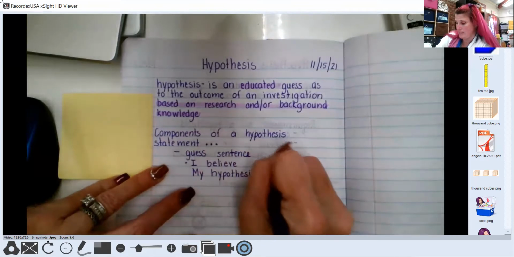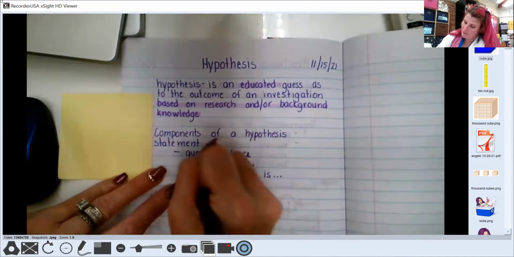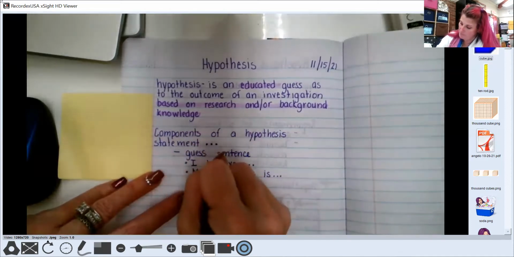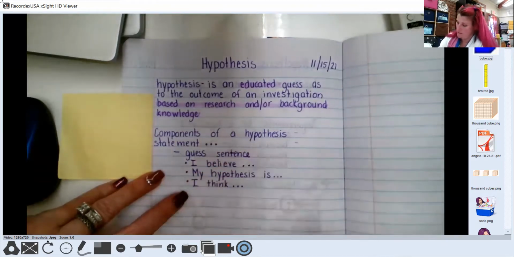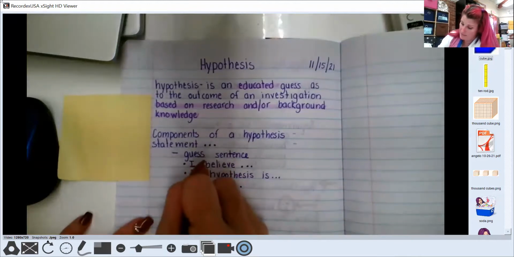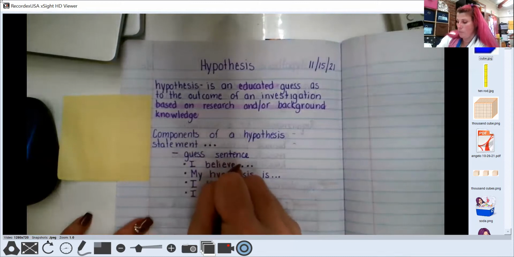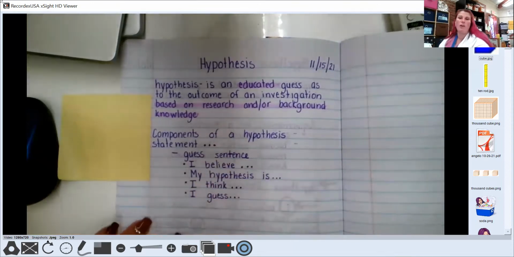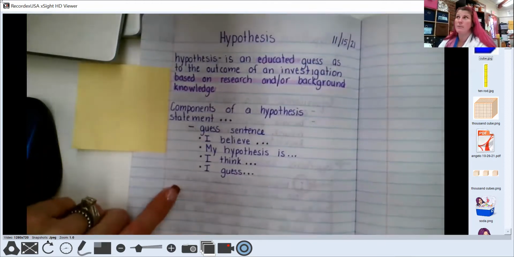My hypothesis is, I believe, I think, I guess. So you're starting out with what you think will happen or what you believe will happen with the outcome of the investigation. So that's your guess sentence, and it doesn't require to be a full sentence regarding your project.